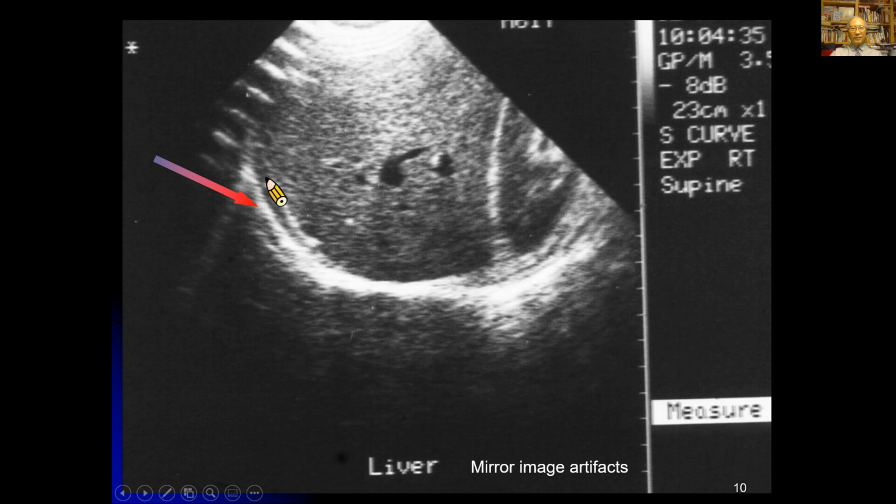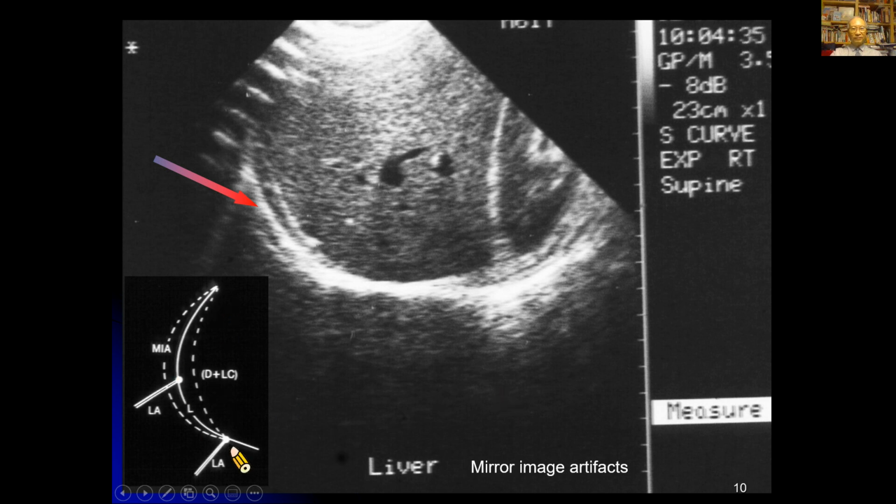So the muscle diaphragm here is reflected to here, so this is a mirror image. This is real, and this is the mirror image of the interface between muscle and liver. So this is the diaphragmatic presentation.